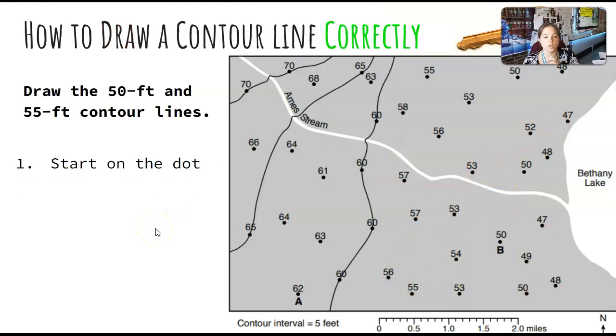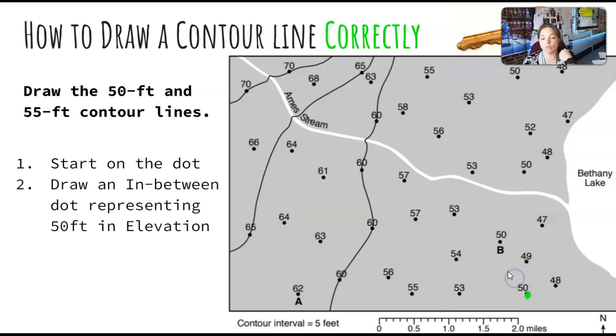First, you want to start on the dot. First dot, 50 dot, right here. And then you're going to start by looking in between. There's a 53 and a 49. I would put a dot right about here or between these two, just to indicate, hey, I need to go up, and I'm going to put a dot right there and label it 50.